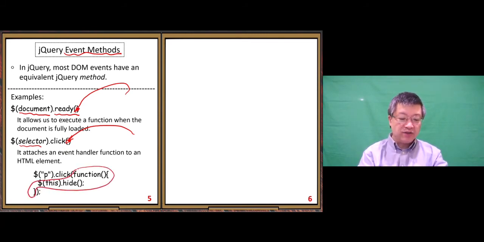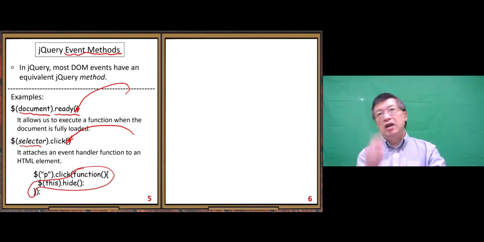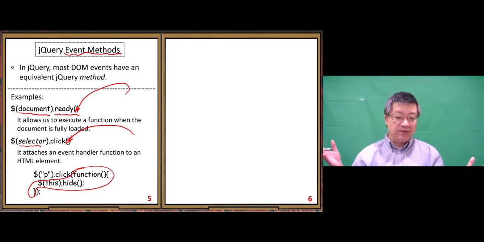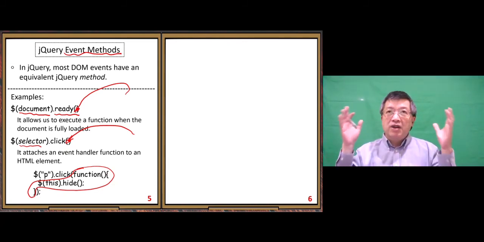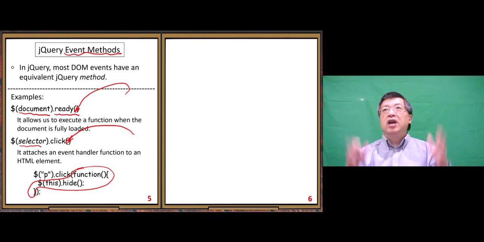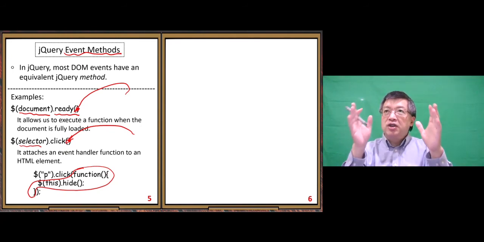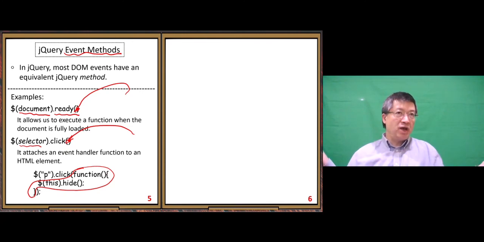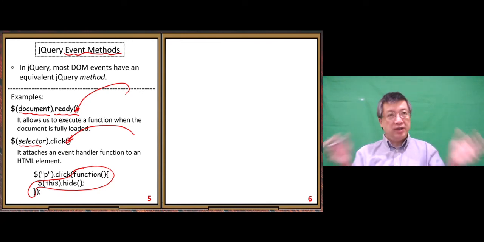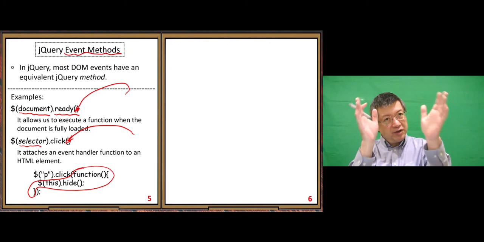How do we define this function? Recall the function basics we learned. How do we define it? Function expression. Anonymous function expression. Here our function does not have any name, so we call it an anonymous function expression.